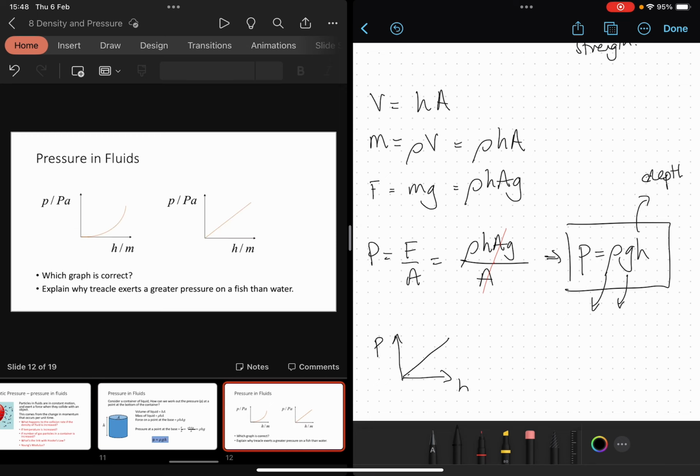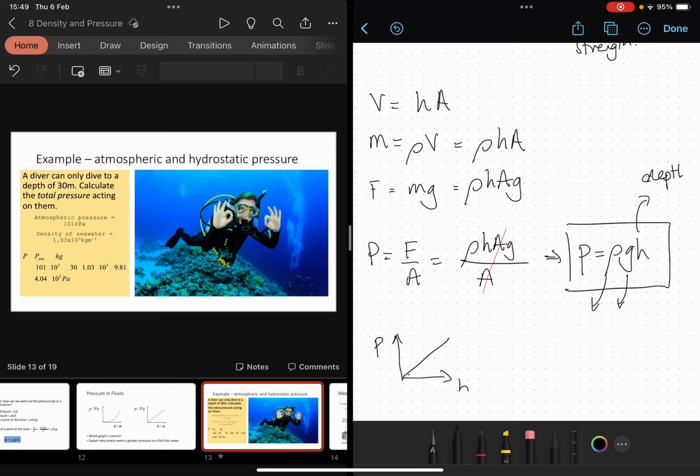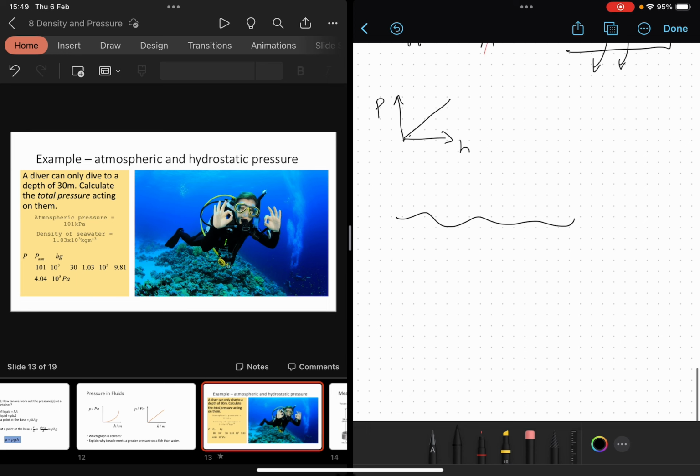Okay. So when we're calculating pressures, often we need to combine both the atmospheric and the hydrostatic pressure. So I won't go through this example with you. You can look at that in your own time. But if we've got a diver 30 meters below the surface of some water, so there they are. Look like they've kind of passed out, don't they? 30 meters below, that's the depth that they're at.